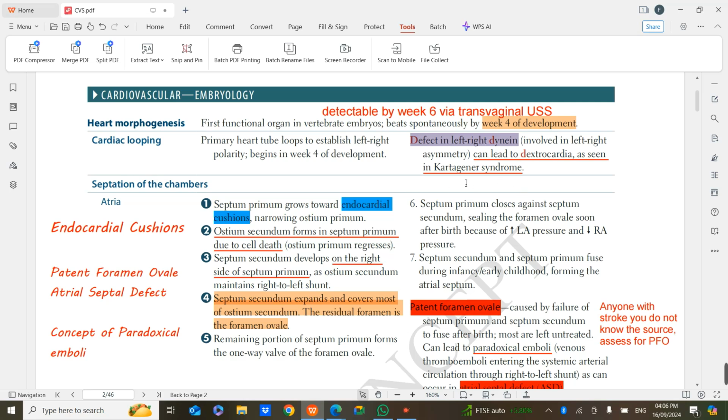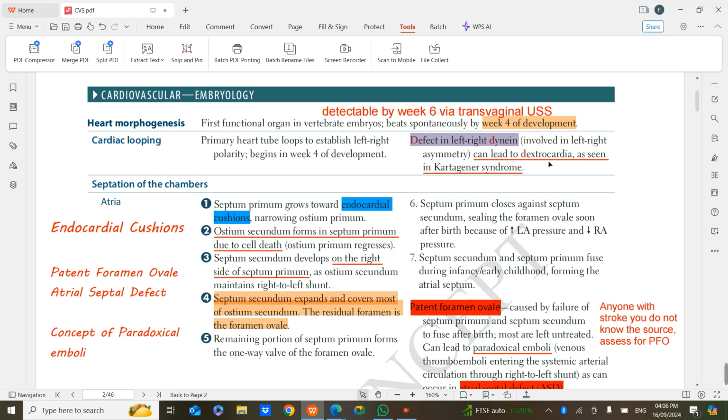So Kartagener syndrome can be portrayed where you have all manner of ciliary dysmotility. They will then add to that question that they also discover the heart is abnormally positioned. Immediately you see that in the exam, you say, what do you think is actually the origin of the problem?